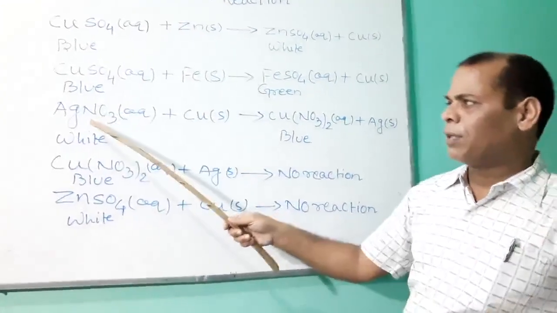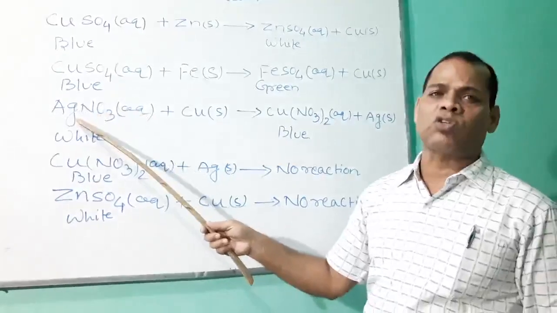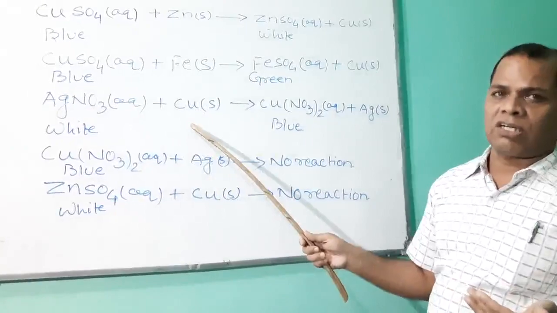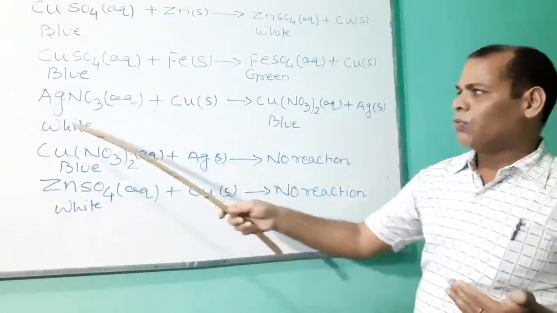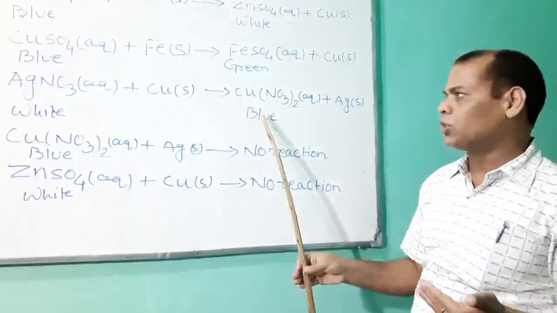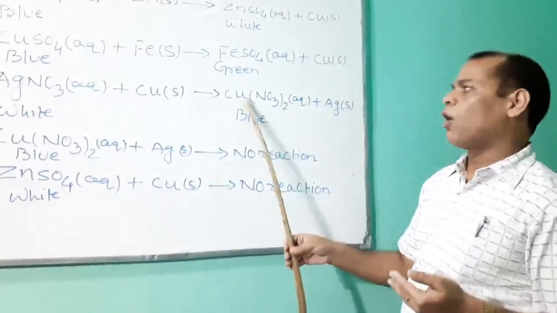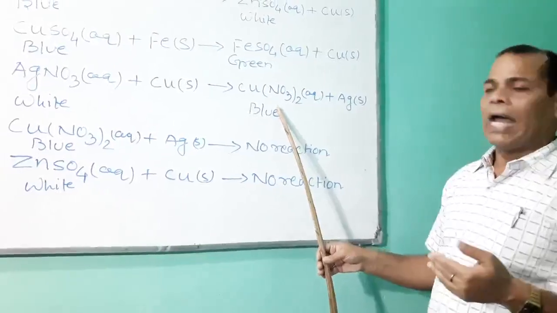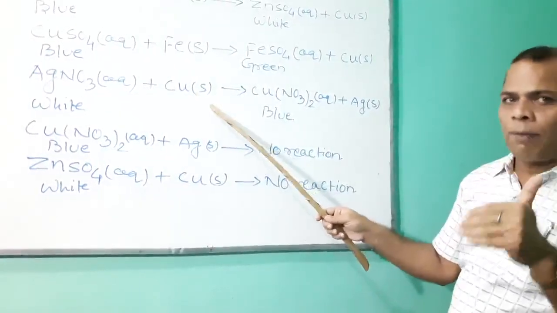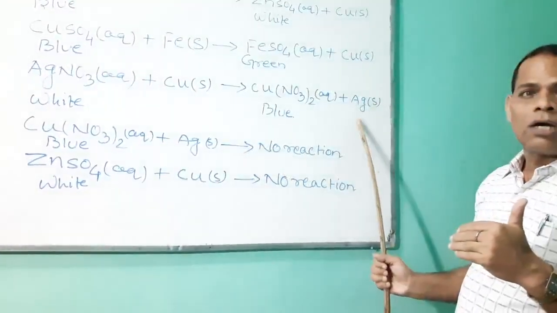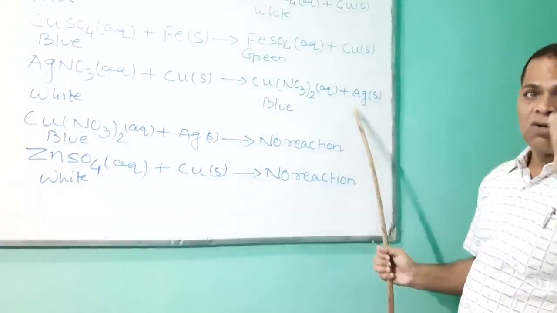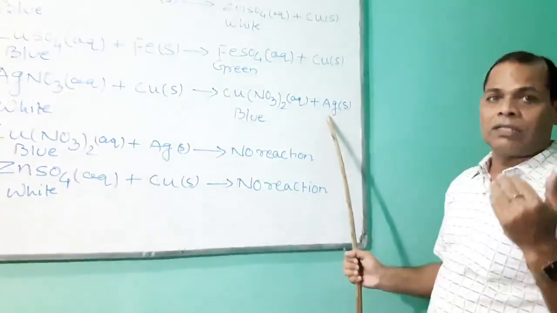Again, another example: if you take an aqueous solution of silver nitrate and put in copper metal, you see that the color of the solution gradually changes into the blue color of copper nitrate, and over the copper a white substance is deposited.